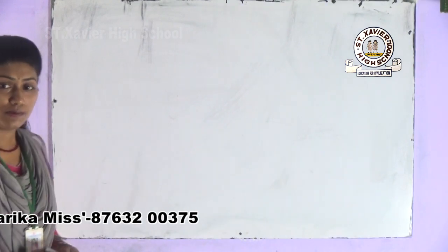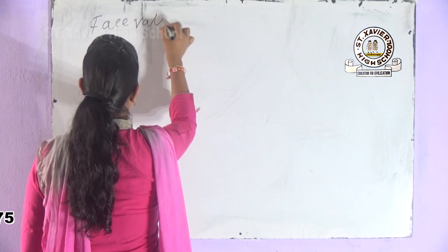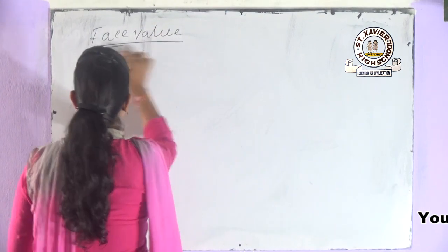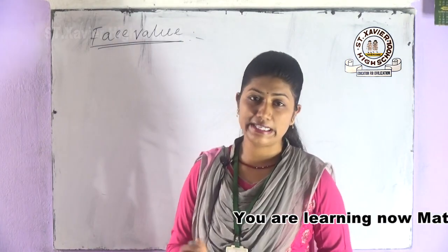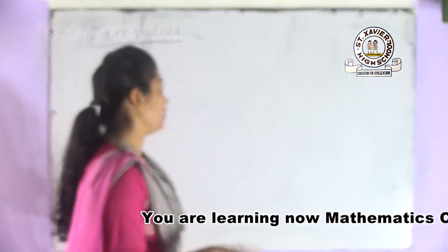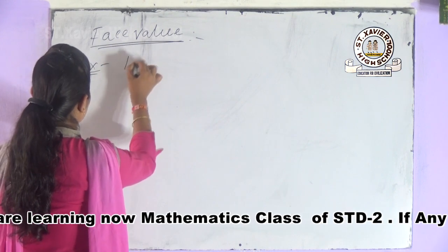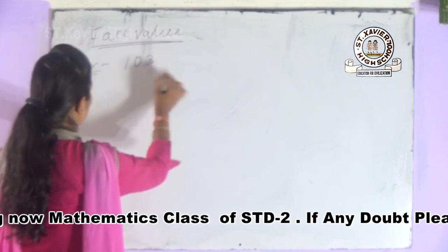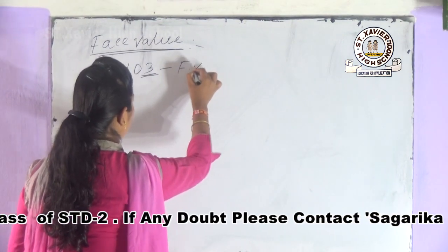Next come to face value. Face value. Face value means what? Face value means the number itself is called face value of that number. Suppose given number is 103. And you have to find the face value of 3, FV.